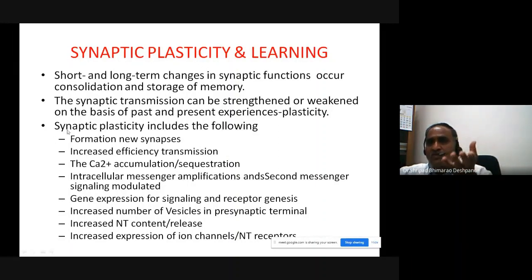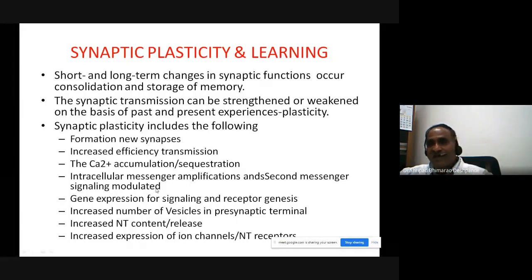Now I've just put certain points here. Synaptic plasticity includes the following: the formation of new synapses, then the efficiency of the transmission. That means whatever synapse we have, you have a greater transmitter release. I also mentioned calcium accumulation and sequestration, then intracellular messenger amplification and second messenger signaling modulation.